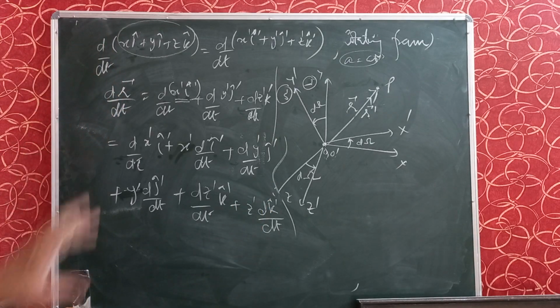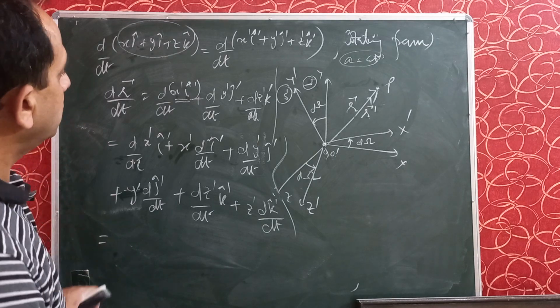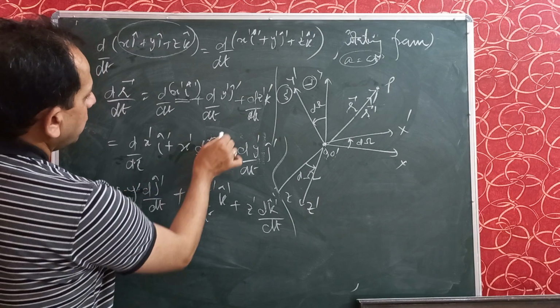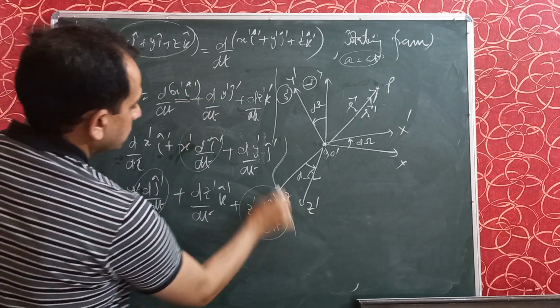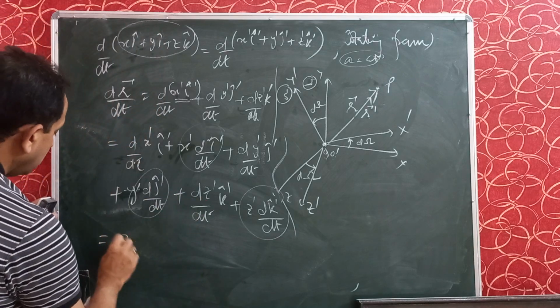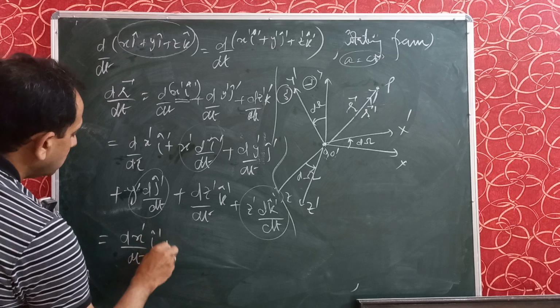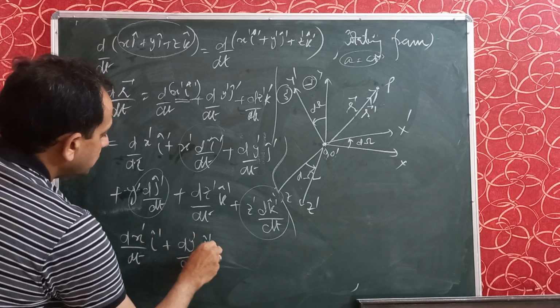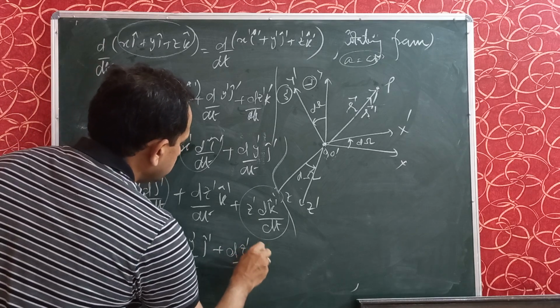So, this is the expansion. Now, we may separate these derivative of i dash, j dash and k dash terms, and we may write it as dx dash upon dt into i dash plus dy dash upon dt into j dash plus dz dash upon dt into k dash.